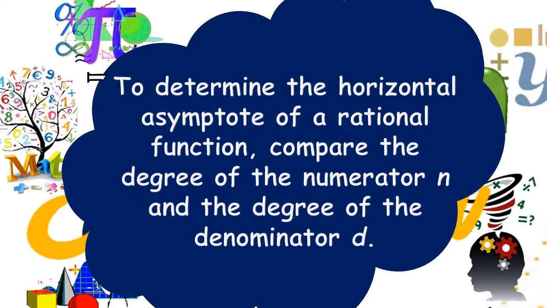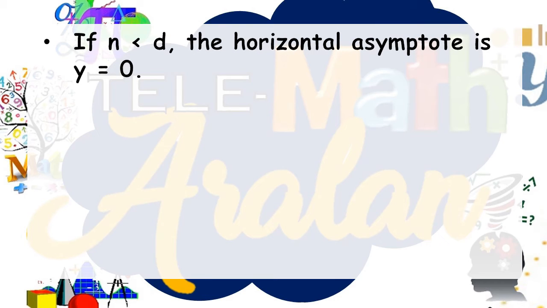The horizontal line y = b is a horizontal asymptote of the function f if f(x) gets closer to b as x increases or decreases without bound. To determine the horizontal asymptote of a rational function, compare the degree of the numerator n and the degree of the denominator d. If n is less than d, the horizontal asymptote is y = 0.